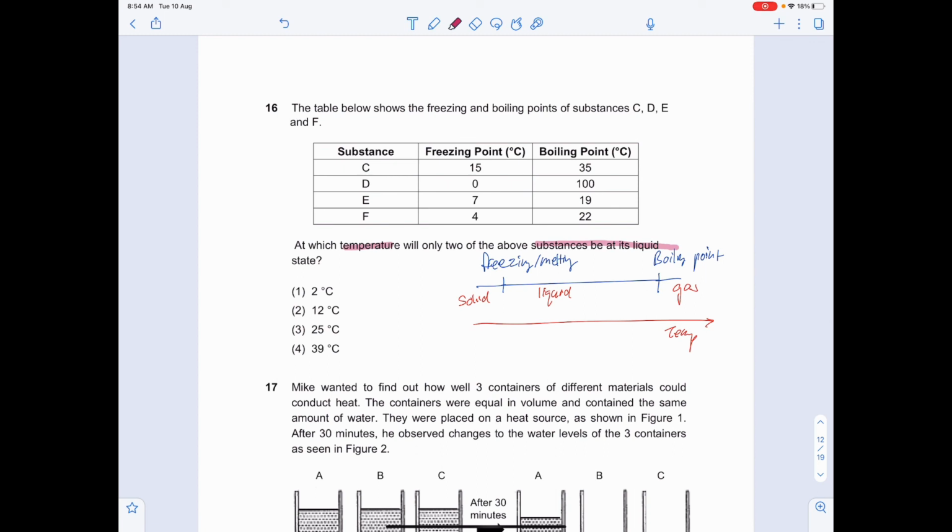Okay, so let's take a look at it. At 2 degrees Celsius, for C, it's below its melting point. If its freezing point is 15 over here, 2 degrees is somewhere over here. So it's going to be a solid, right?